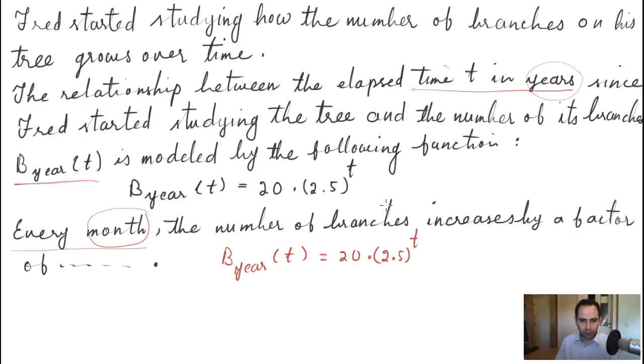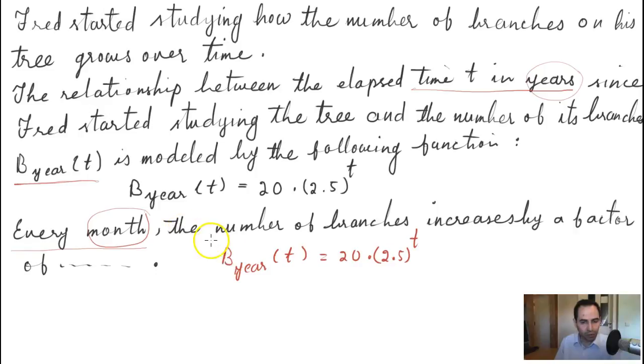So now that you have built this function, and you know that a month or a couple of months is just a fraction of a year, based on this information, you can build another function that gives you information based on inputs relevant to months, not relevant to years.